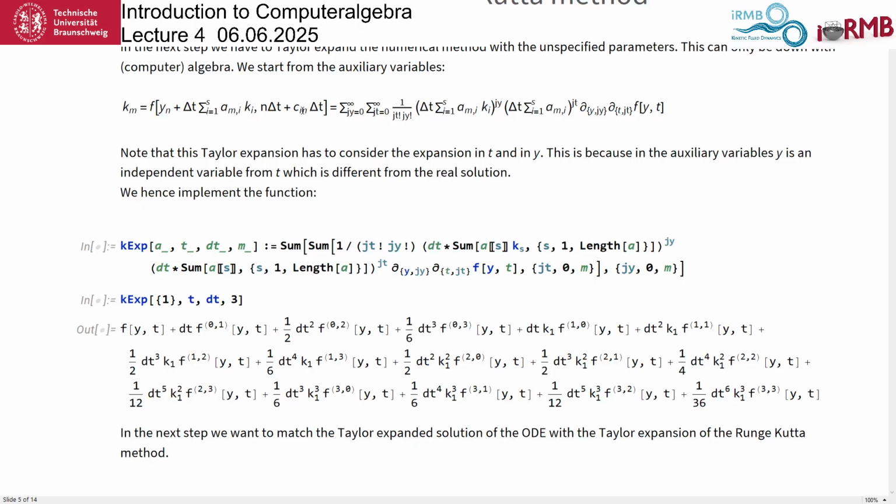So that means you get a two-dimensional Taylor expansion now, one in y and one in t. This is reflected by these two sums over jy and jt, and jy factorial, and these here are our steps, delta t and the sum over blah blah, and here delta t.